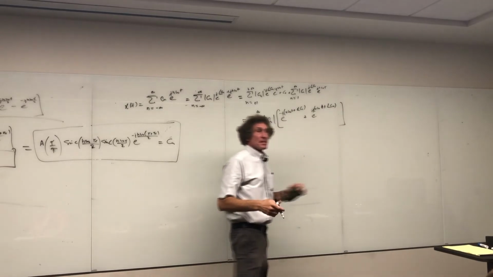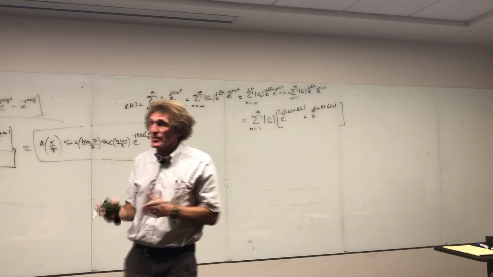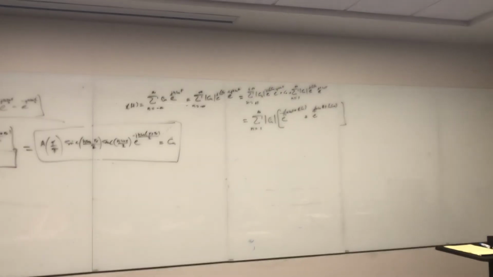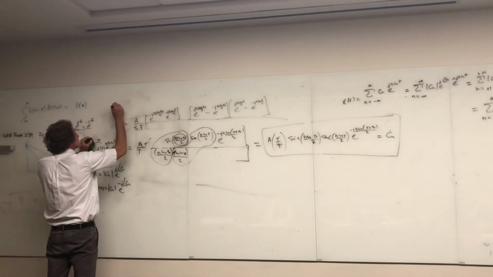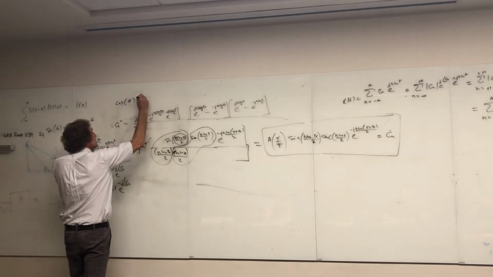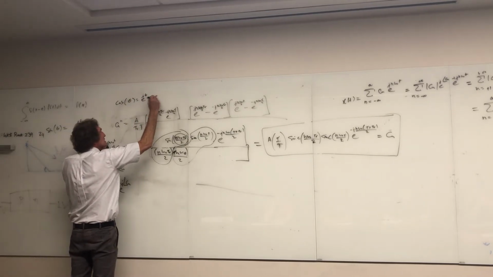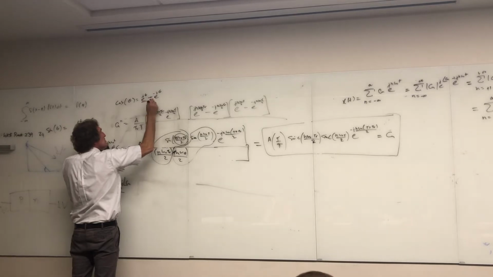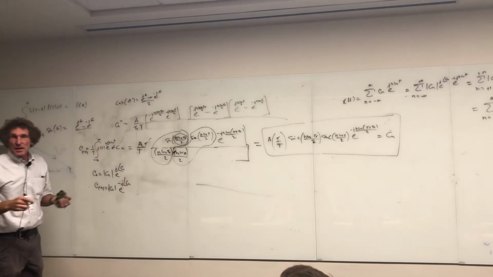You all see that? I wanted to do it because of one particular thing that's true. Isn't the cosine of theta equal to e to the j theta plus e to the minus j theta, over 2?